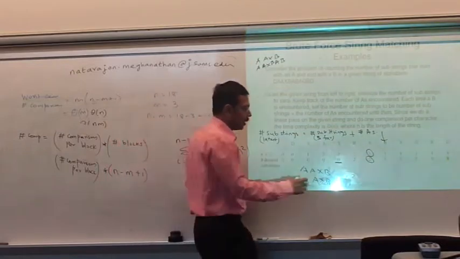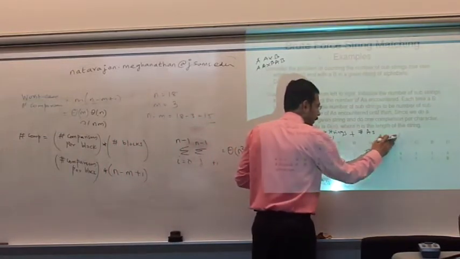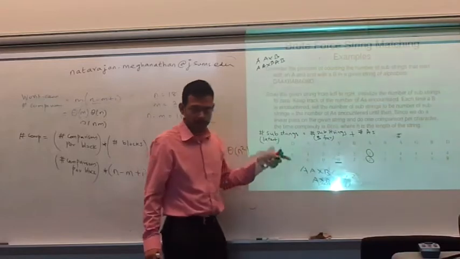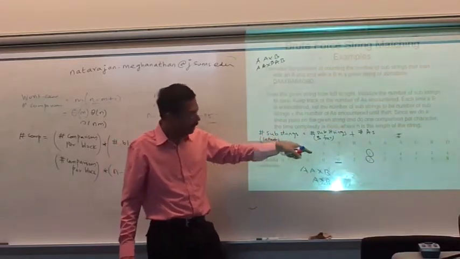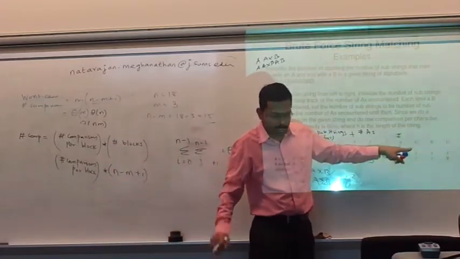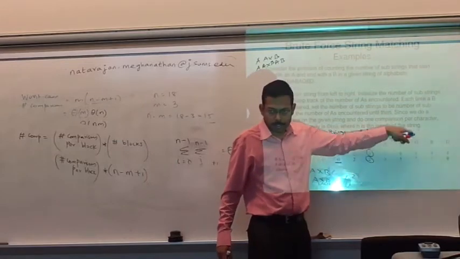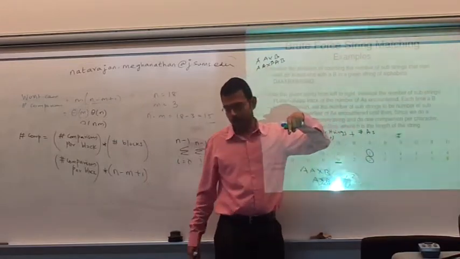Right? So now keep moving. This is an A, so increment the number of A's to 4, and the substrings is still 5. Now we have a G, so it's neither A nor B, so it is still 4, 5. Now we have another B here. So what will you do?